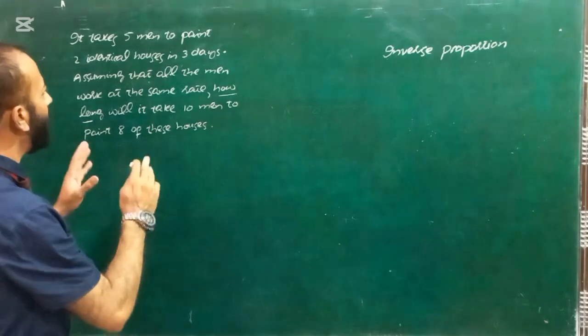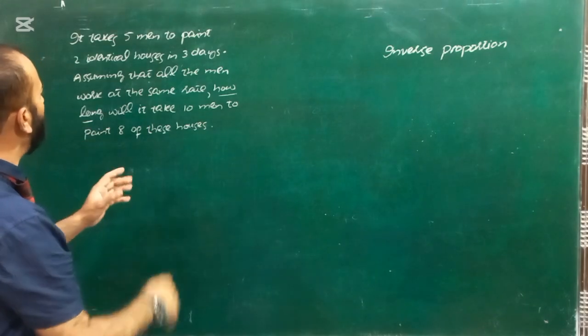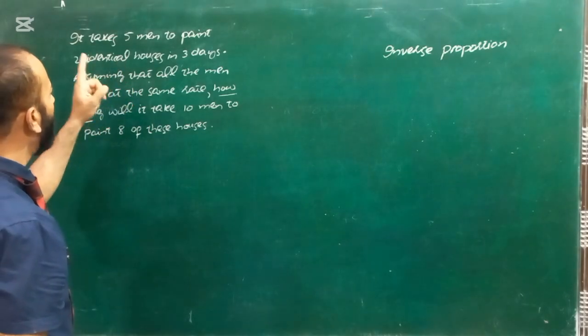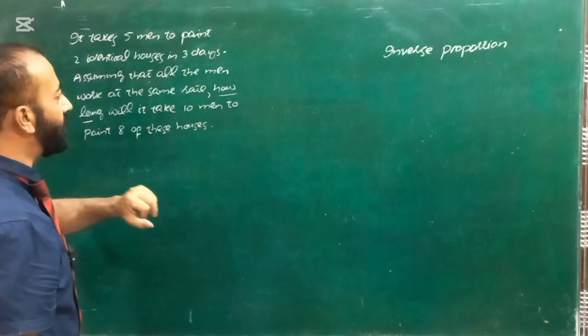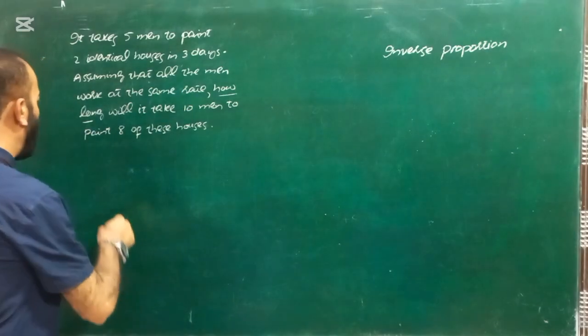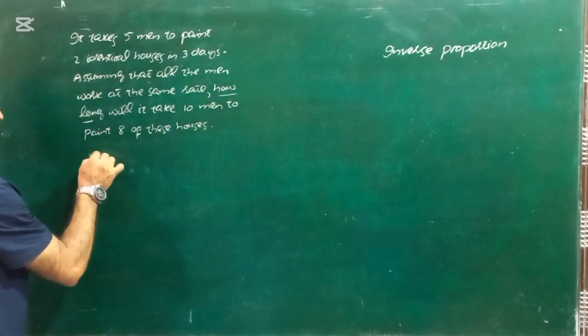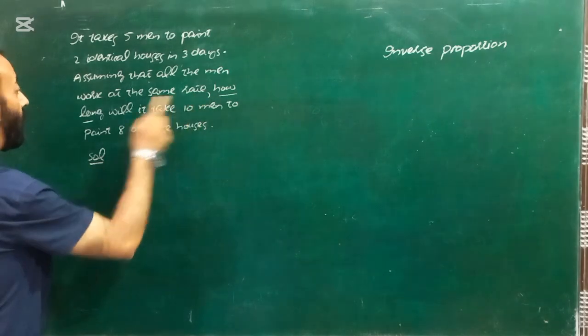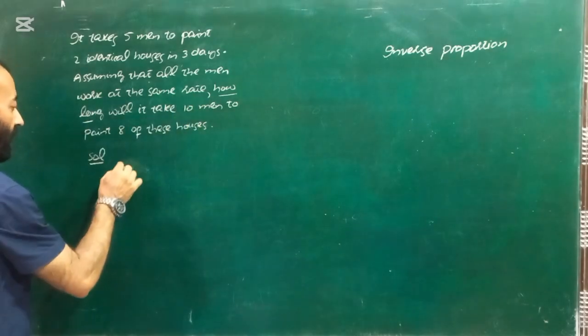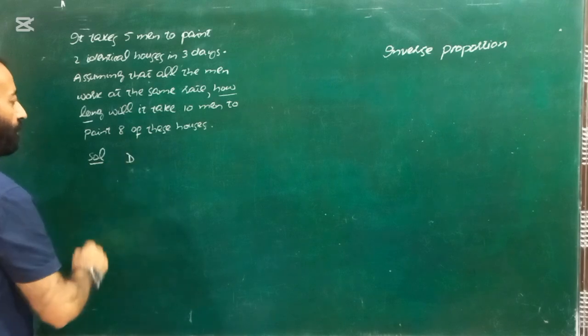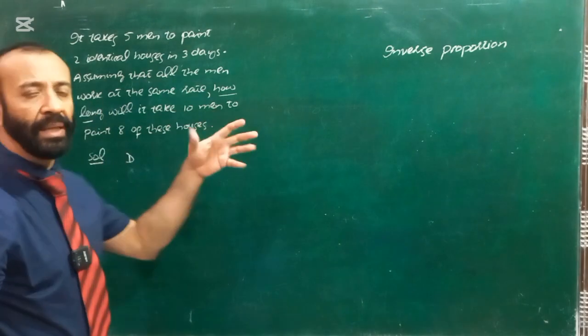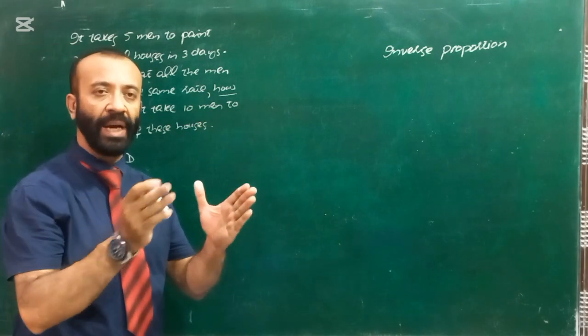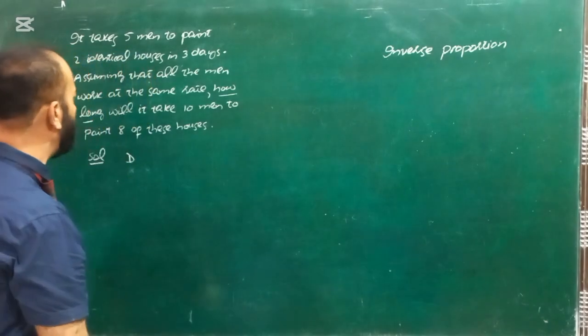So look now, actually there are 3 things involved: men, houses, and days. The method to solve these kinds of questions is that we will write the thing which is required first. So how long is the requirement? It means days will be written first, and the other 2 will be your choice, whatever you write first and whatever you write later.